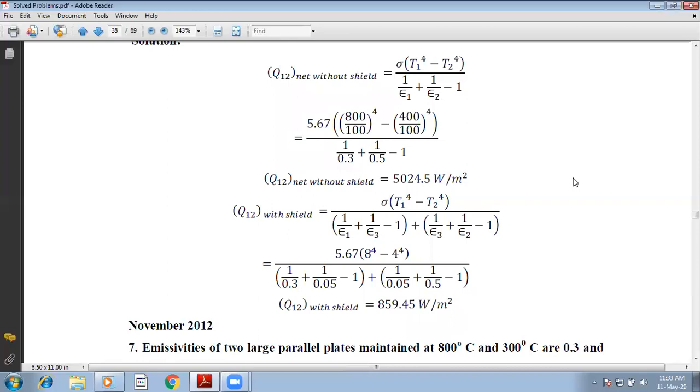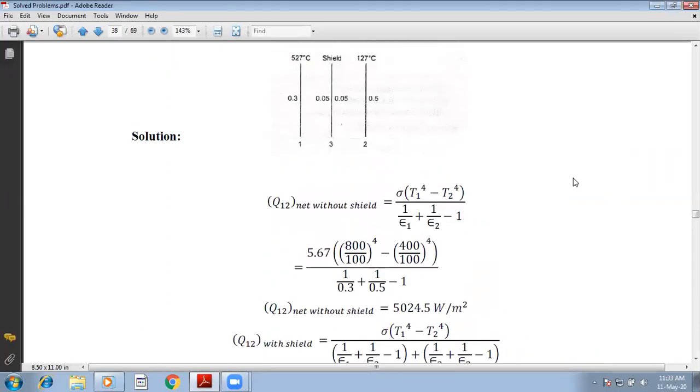Here, you need to consider the equivalent emissivity between surface 1 and the shield, and then the equivalent emissivity between the shield and surface 2. So from 1 to 3 plus 3 to 2 is the total heat transfer from 1 to 2.